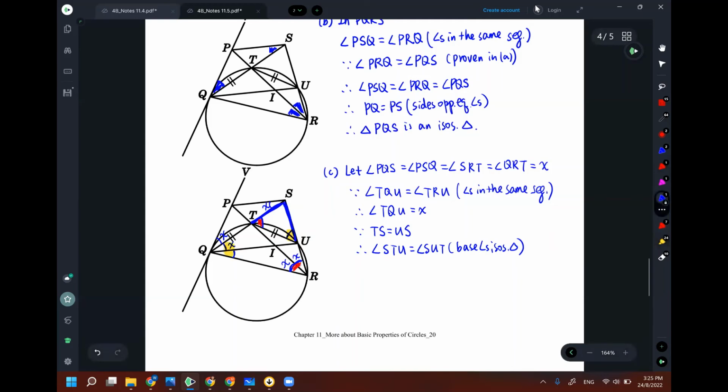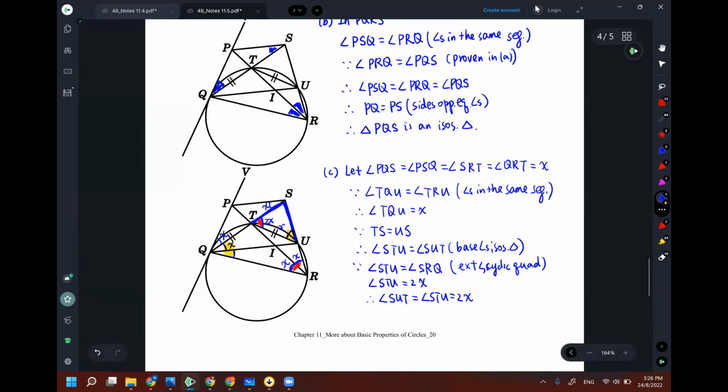So because angle STU equals angle SRQ, this is exterior angle, cyclic. So STU is 2x. So this is 2x. That means SUT is also 2x. Therefore, angle SUT equals angle STU equals 2x.